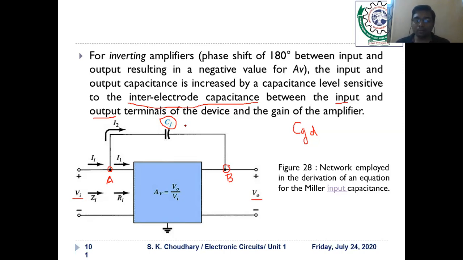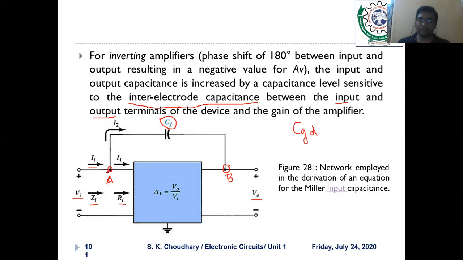Now, if you see there, Zi is the input impedance of the amplifier network. Ri is the input impedance of the active device. And Ii is the current that is generated from Vi and flows into the network.